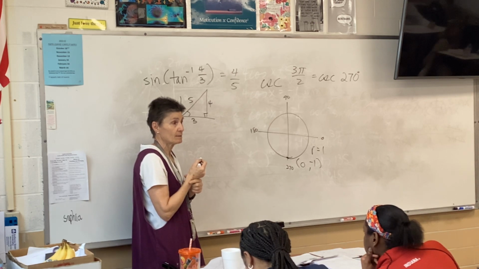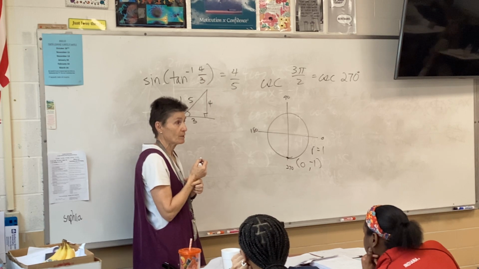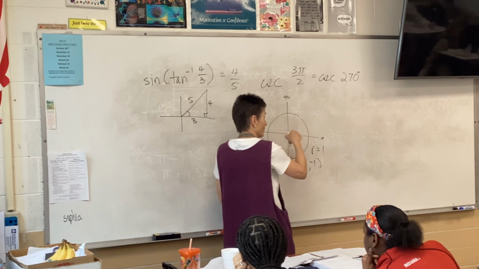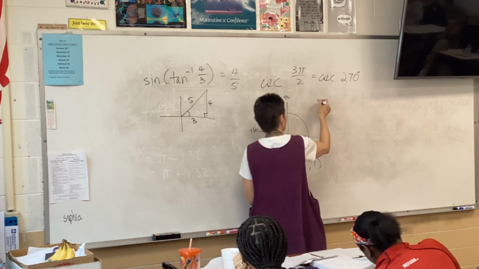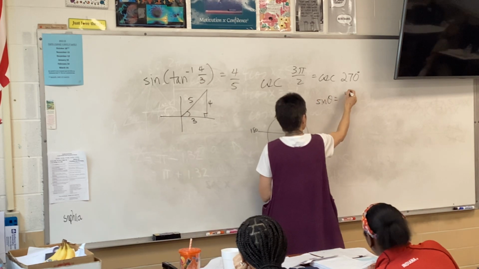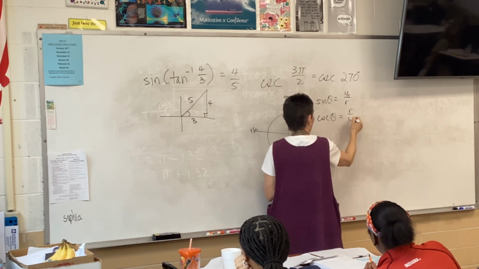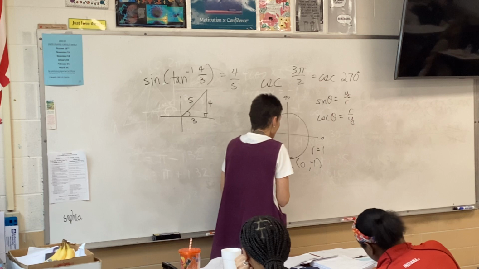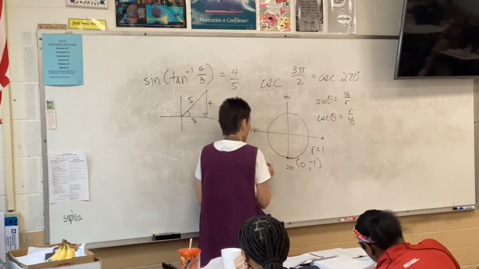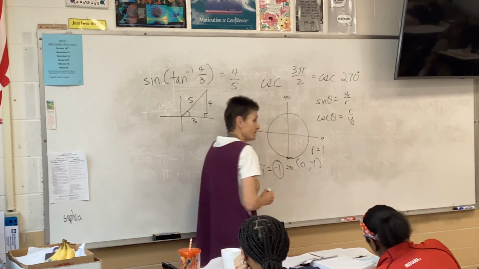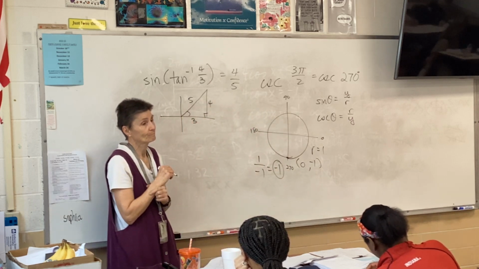What's cosecant? Reciprocal of sine. What's my circular definition for sine? Sine equals y over r. So cosecant is going to be r over y. So here we go. R over y. The answer to the problem is -1.